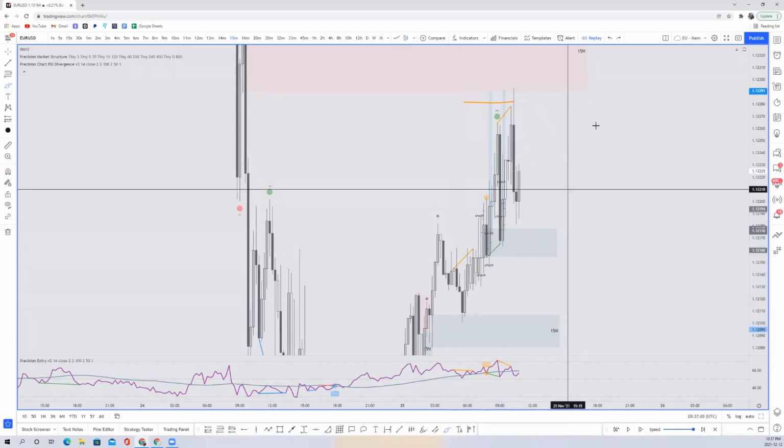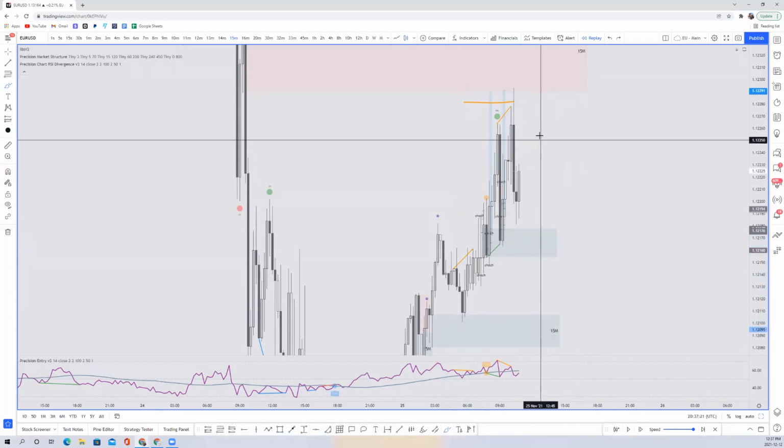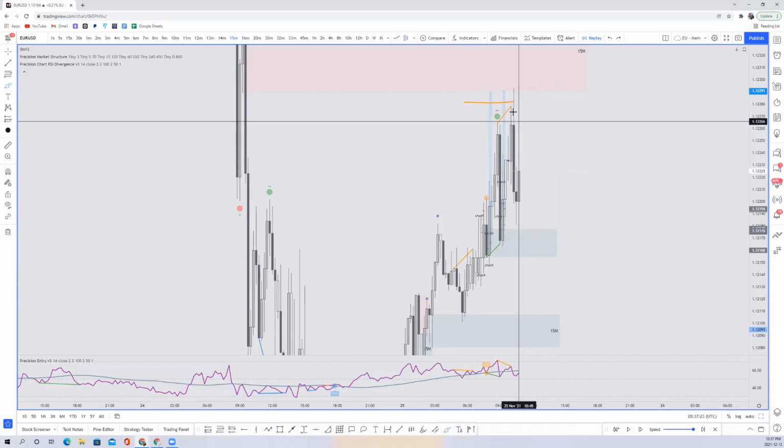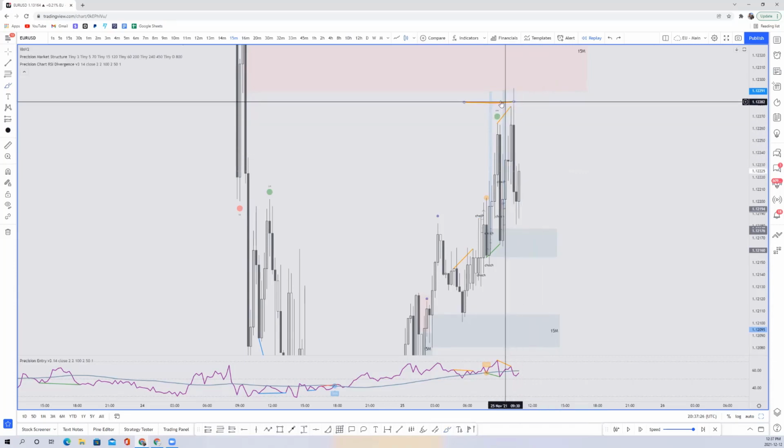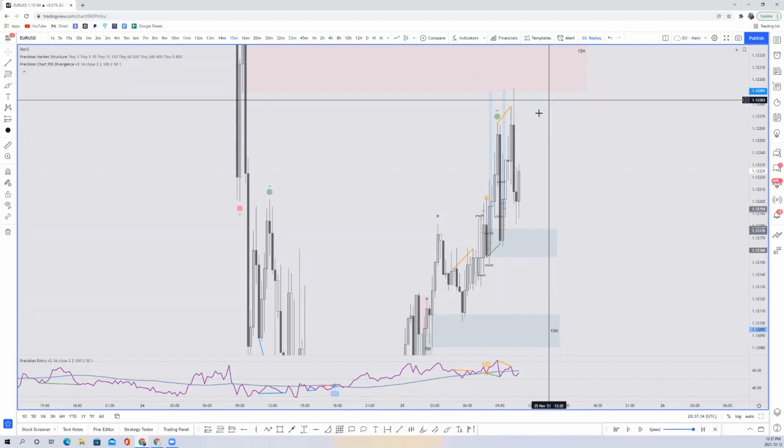But as of right now, that is a 15-minute chalk. Let's see if it comes back higher up. Maybe we could look for a sell from within this wick if you get a nice chalk and flip.